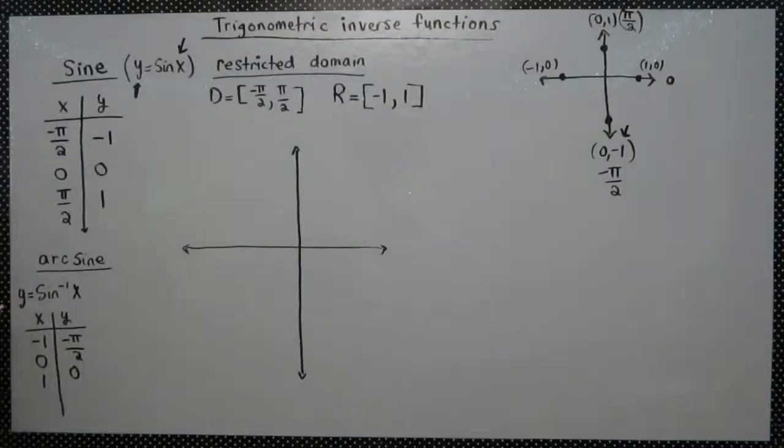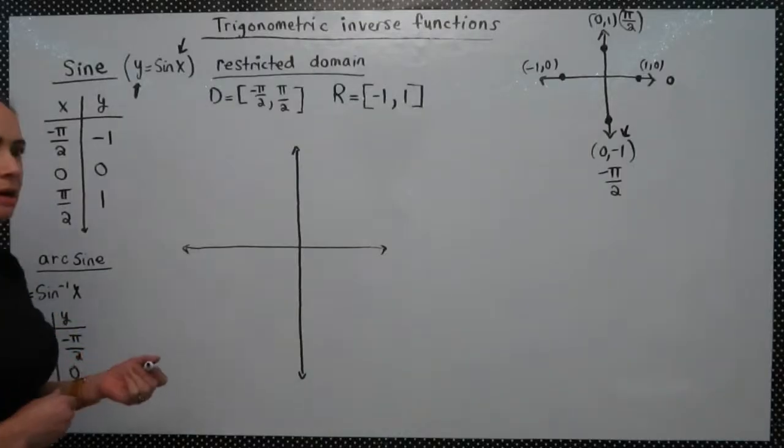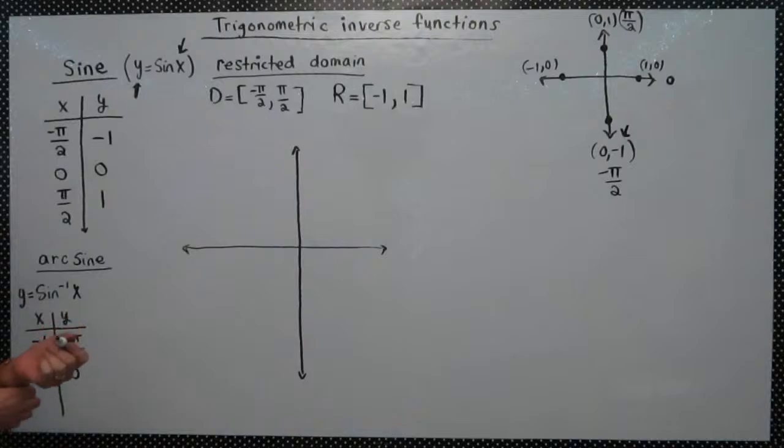It's abstract, but like most math notation, it seems abstract at first. But after you use it enough and the more time you spend with the function, the more familiar you'll get with it. So we are looking over here at the arc-sine function, y equals sine inverse of x.